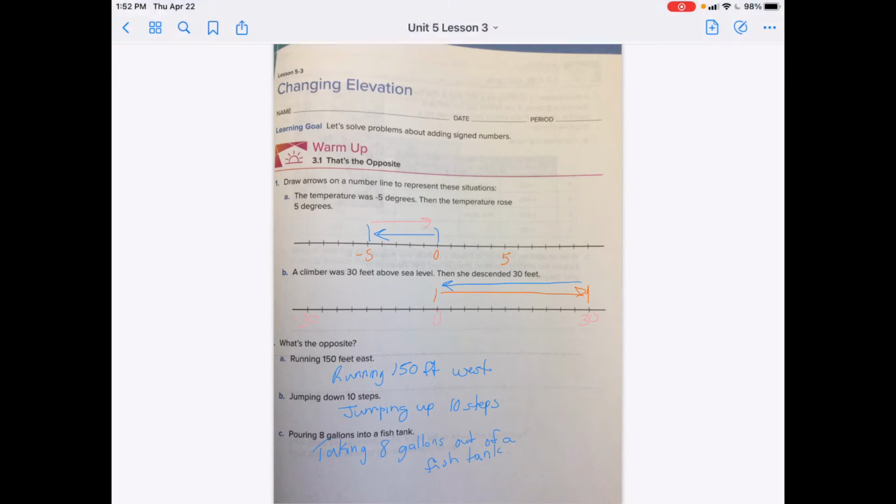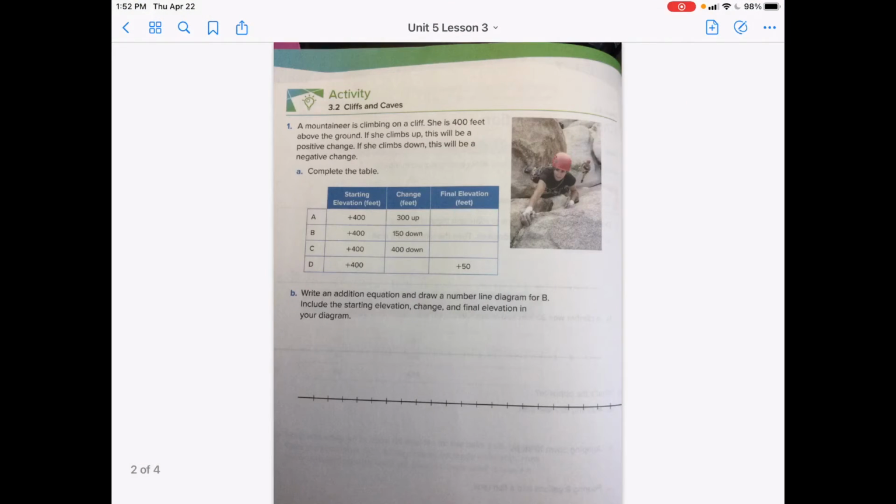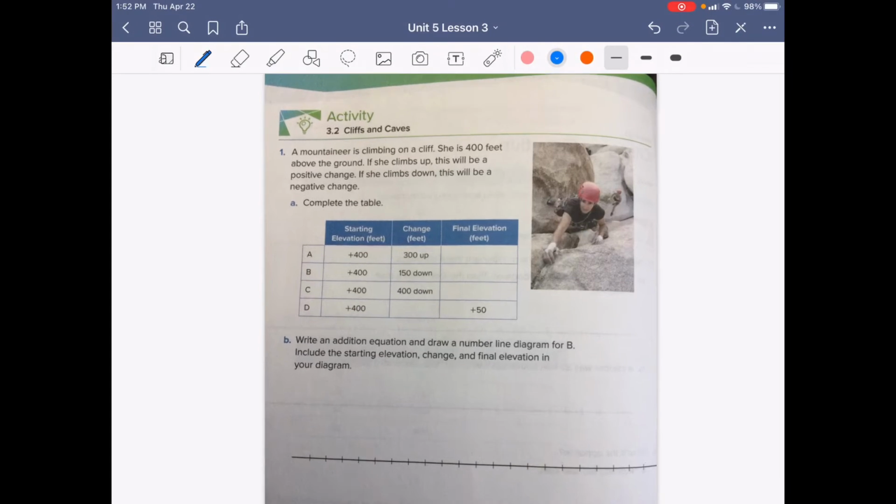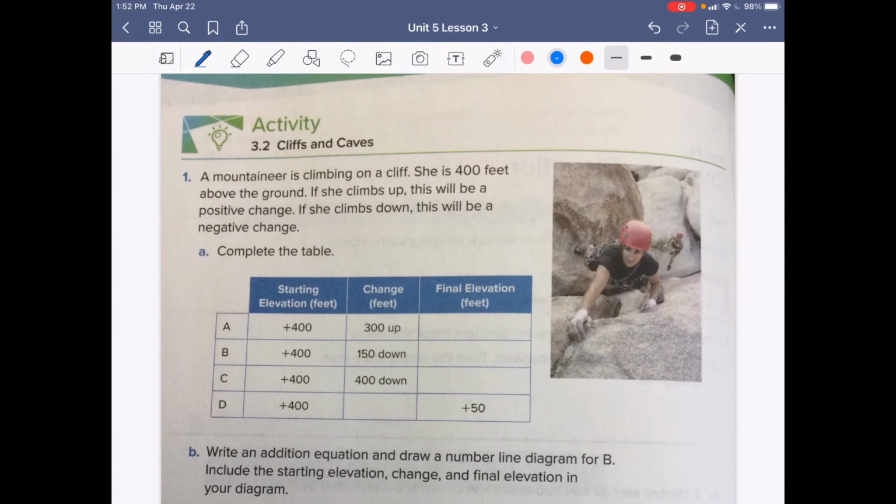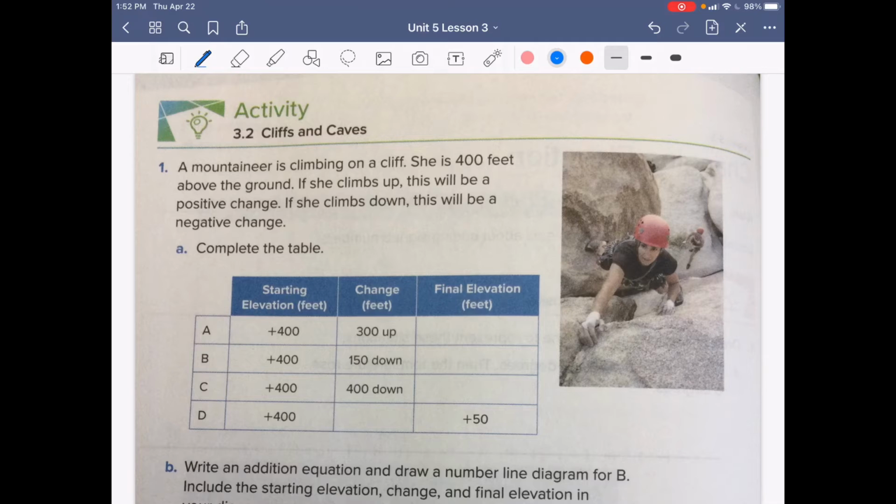Let's go ahead and look at the first activity. So we are looking at cliffs and caves. A mountaineer is climbing on a cliff. So this person here, or these people, our mountaineers, they are climbing up a cliff.